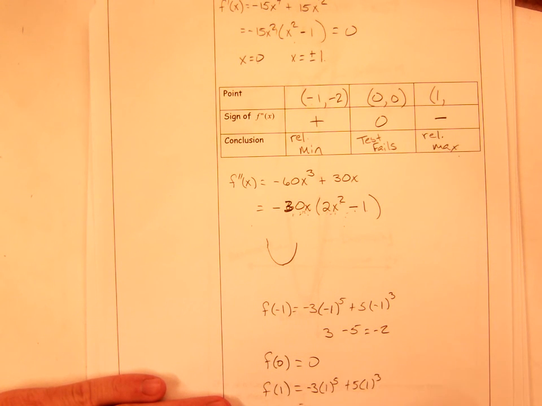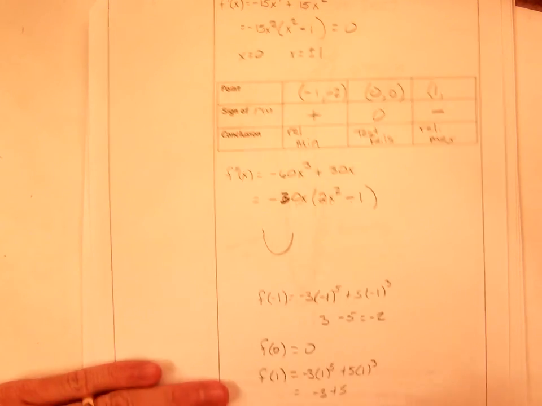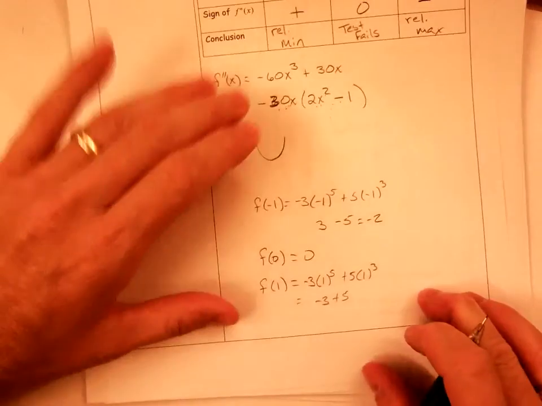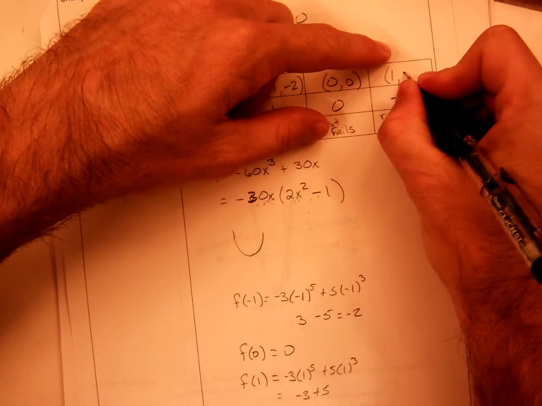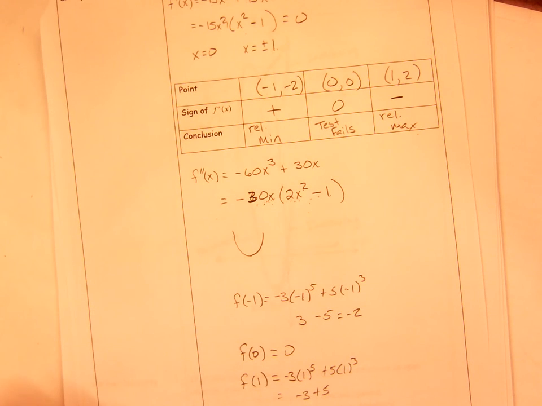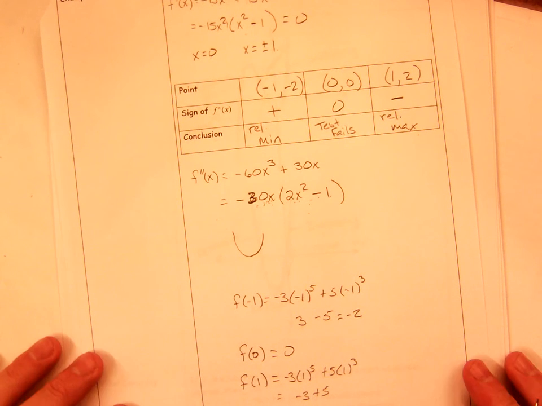That's negative 3 plus 5, and that equals 2. So what does that mean? It means I know where my mins and maxes are now. I know if it's concave up or concave down. So we did it.